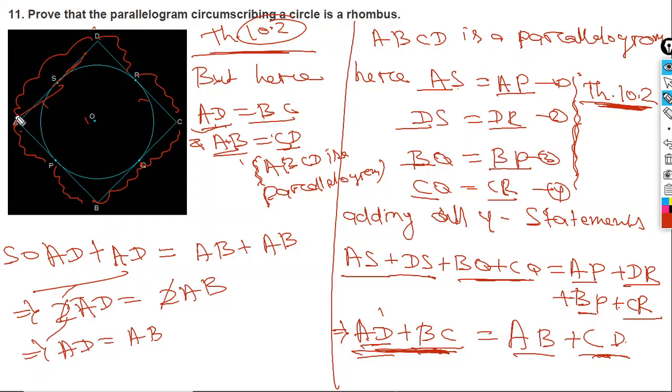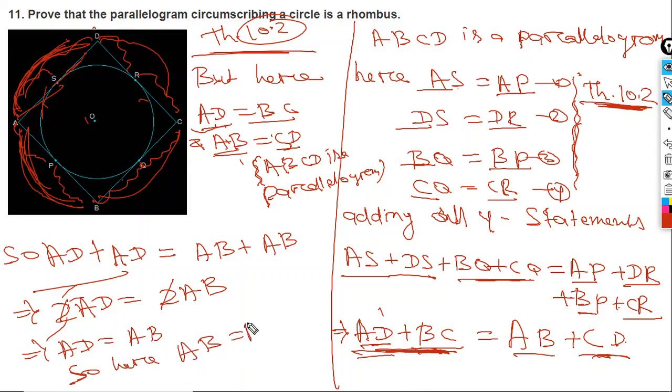Now look at the figure, AD, this length, equal to AB. But previously AD was equal to BC and AB equal to CD, therefore we can say all the four sides are equal. So AB equal to AD equal to CD equal to BC.